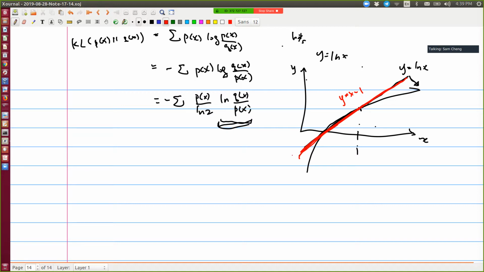What I'm claiming is that y equal to x minus 1 is above this curve y equal to log x, and it's exactly hitting one another when x is equal to 1. So for that part, we can very easily verify it: just substitute x equal to 1, and both of them equal 0. This is the origin, 0 here.